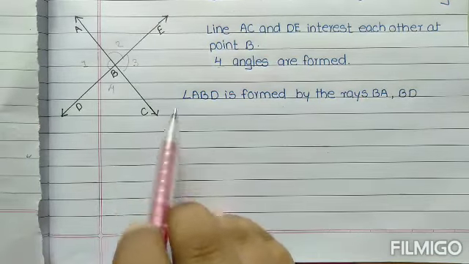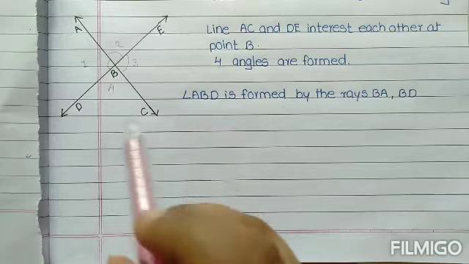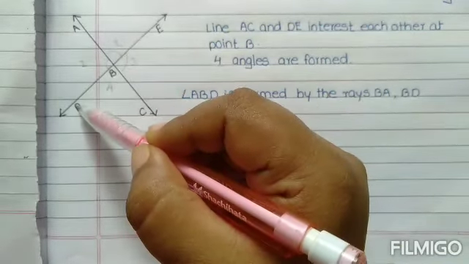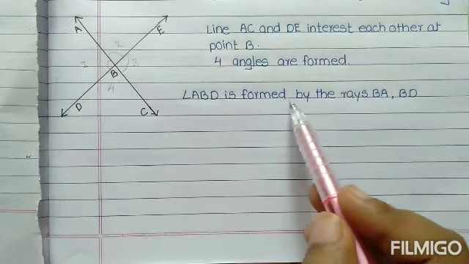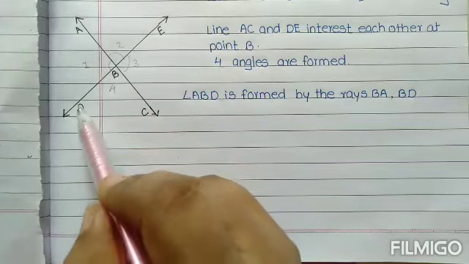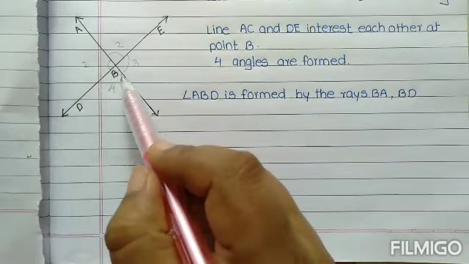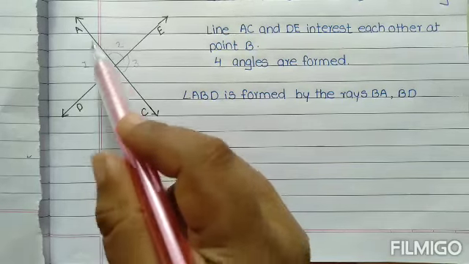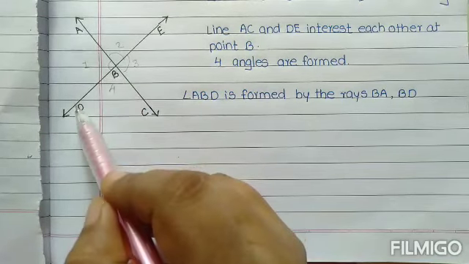Okay. Angle ABD is formed by the ray BA and BD.